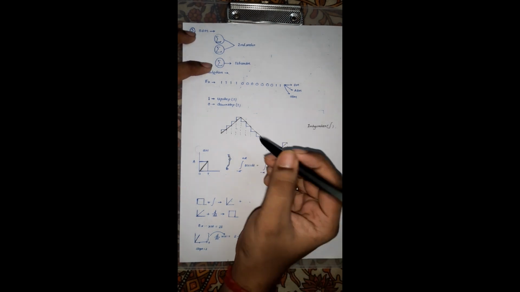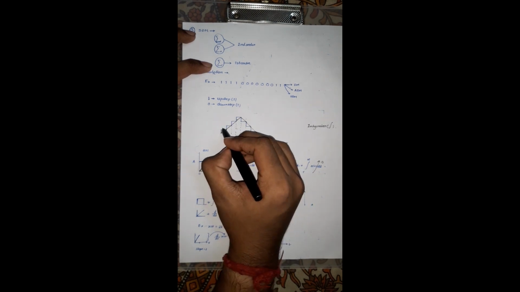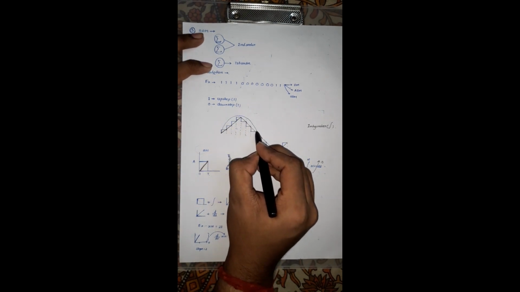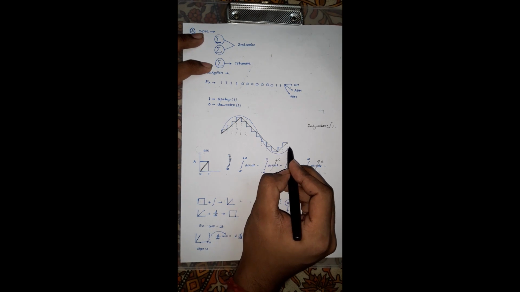You can see that this is almost sinusoidal, but not the perfect sinusoidal, because the sinusoidal signal looks like this. It was like this, and it is almost sinusoidal. That means we have detected the input signal that we had provided.